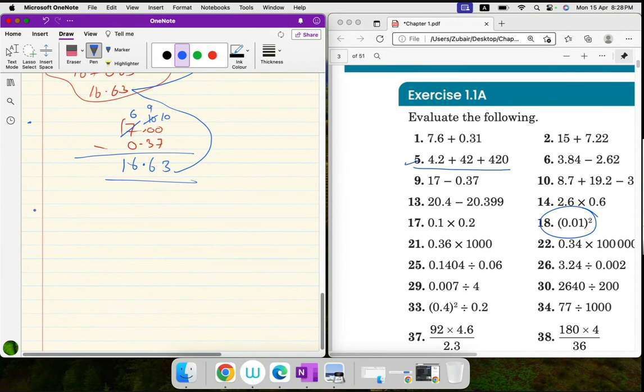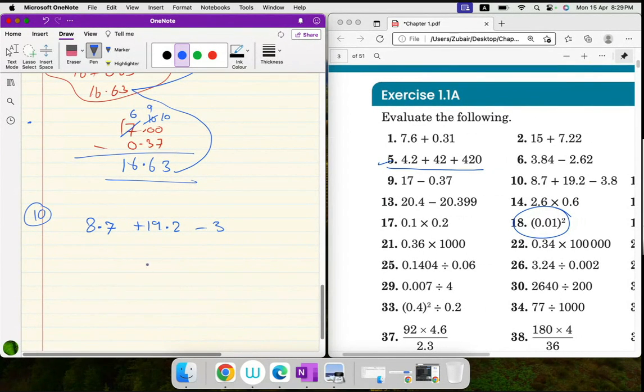Question number 10. 17.8.7 plus 19.2 minus 3.8.